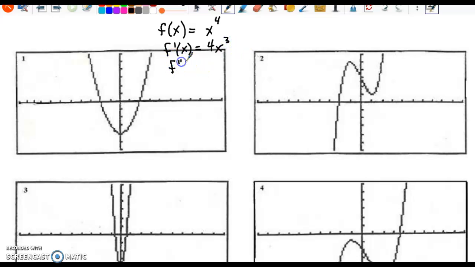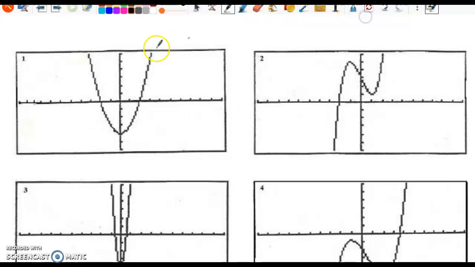The second derivative of that would be a quadratic, and the third derivative would just be a linear. I don't think we've ever gotten to the fourth derivative, but it just becomes a horizontal line. So that's a good clue for you guys.